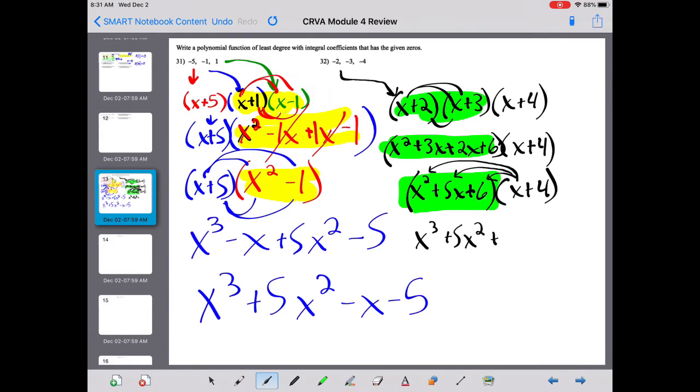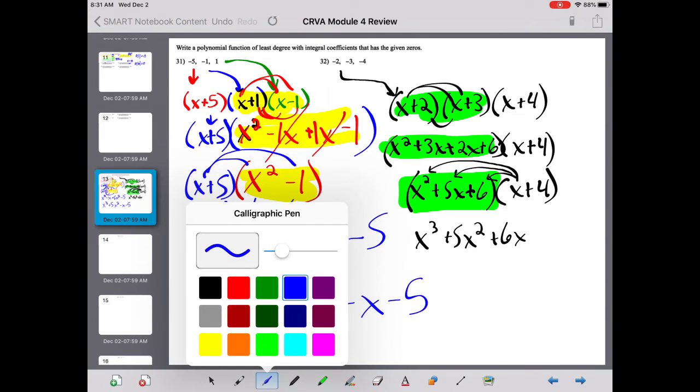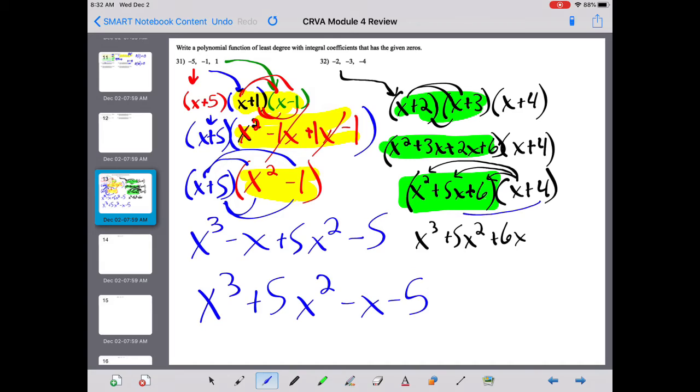And then the constant of 6 goes to 6x. Then I personally like to then distribute this 4, and that's a preference, folks. I find that I make fewer mistakes when I do it systematically like this. Then we get 4x squared plus 20x plus 24.